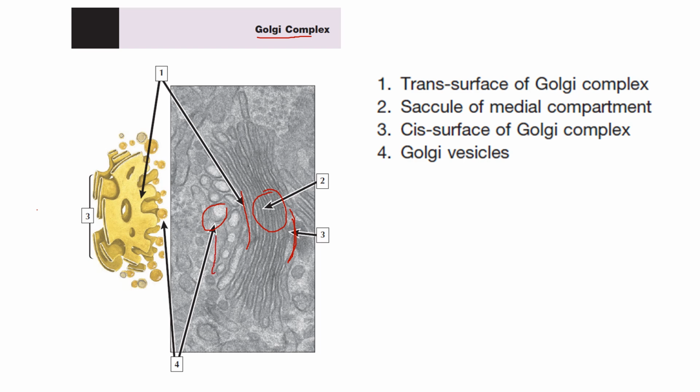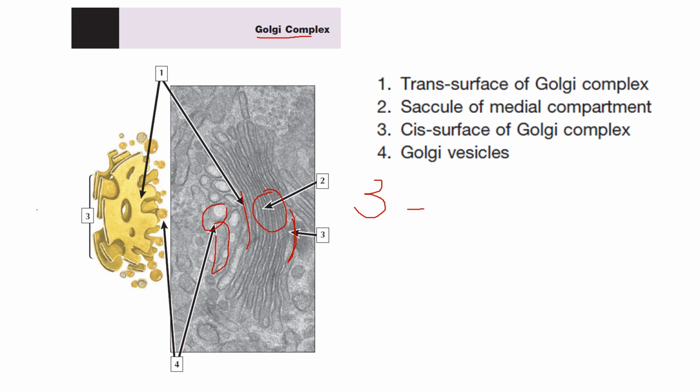The Golgi complex or apparatus is a complex array of flattened, slightly curved, closely packed membrane-bound sacs. This highly polarized, compartmentalized organelle has convex and concave sides and three functionally distinct compartments.